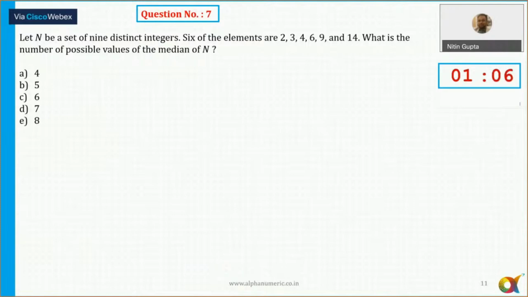Option number C. Jatin is saying option C, 7. All right, we'll check that. Apeksha is also saying option number C. Okay.